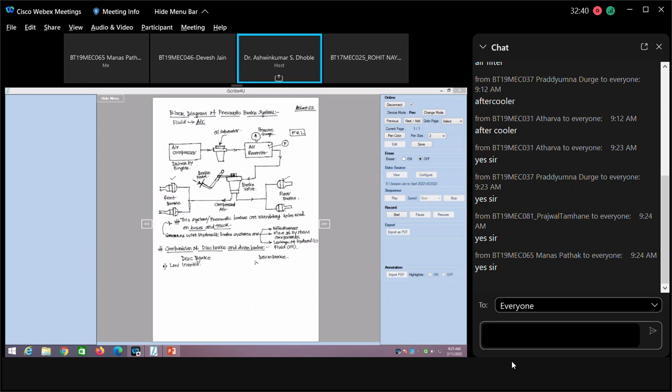So here we will say that more inertia. Okay. Then more efficient cooling.